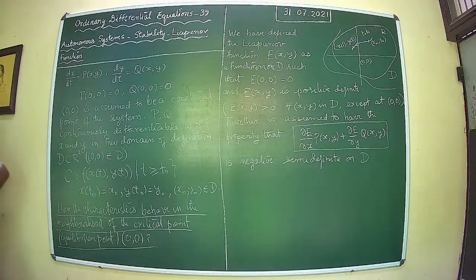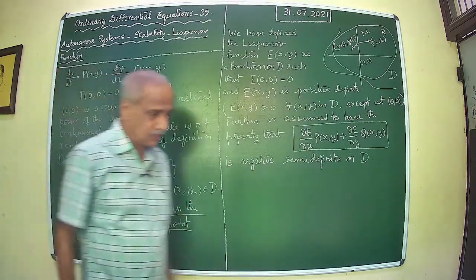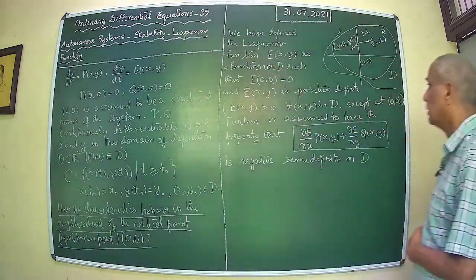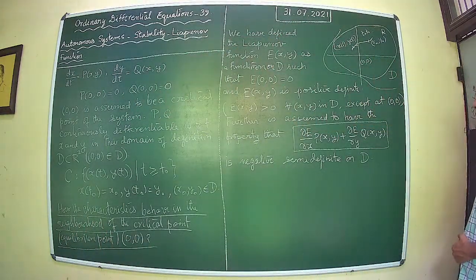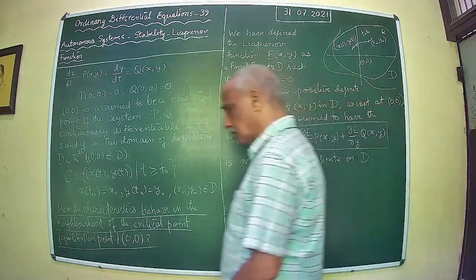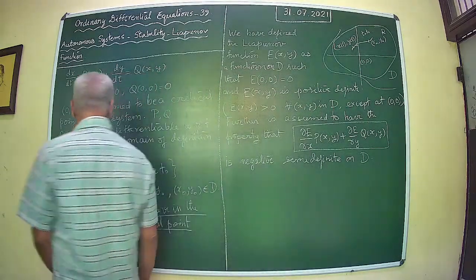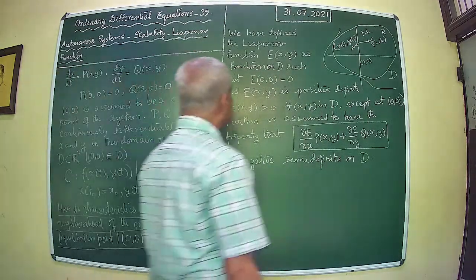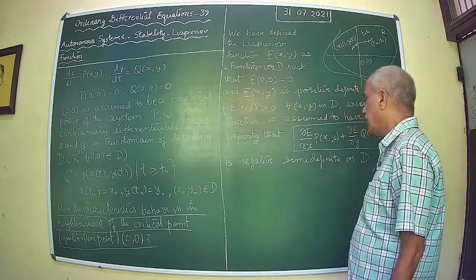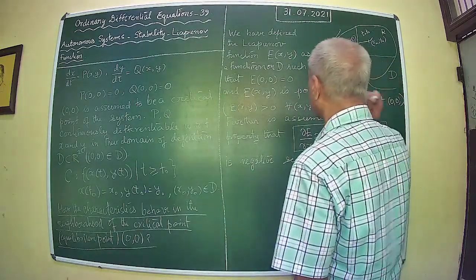A Liapunov function is one which is positive definite on D, that is, it is strictly positive. Okay, we also assume this is a continuously differentiable function. Okay.